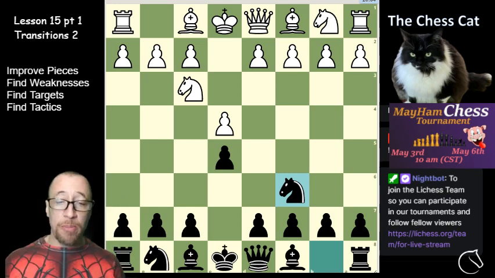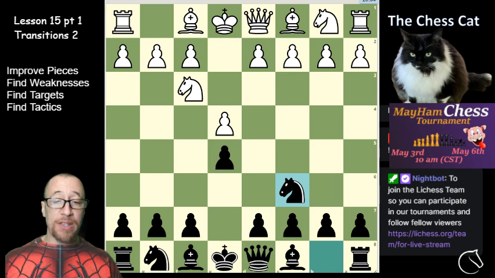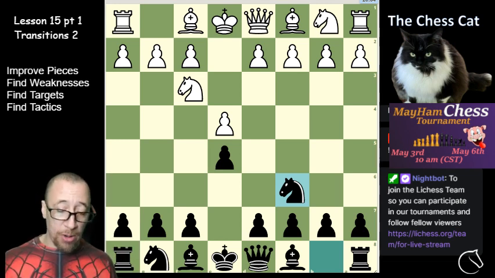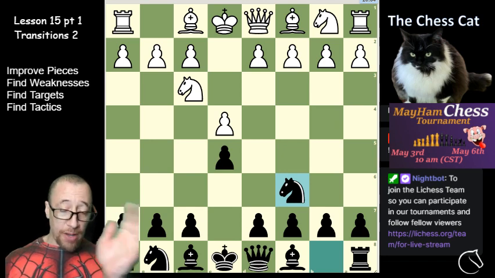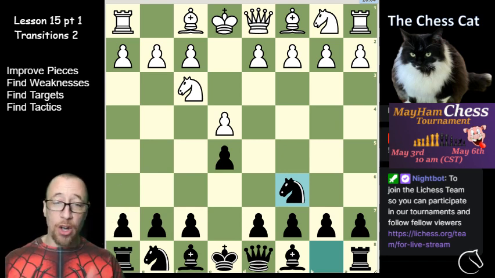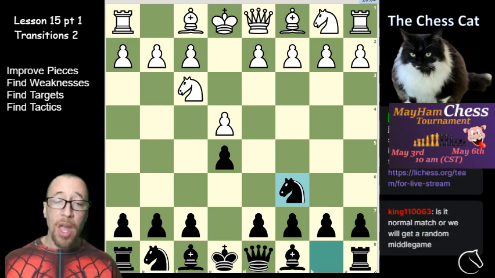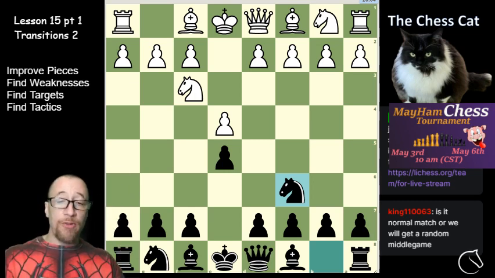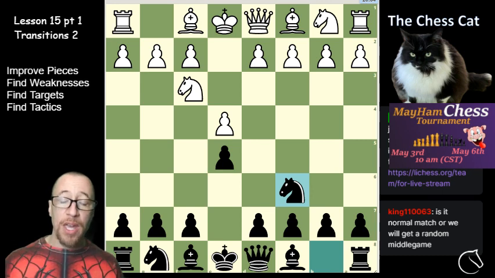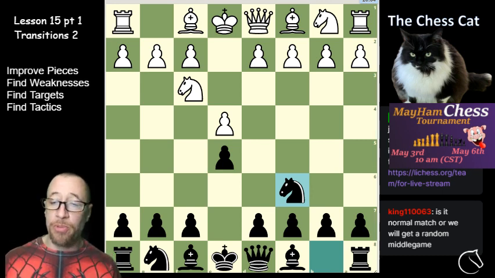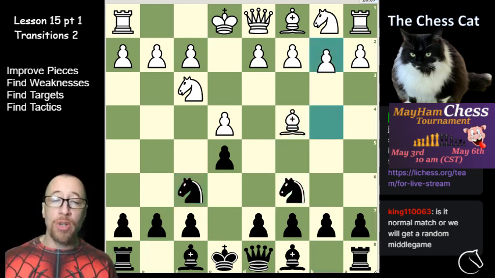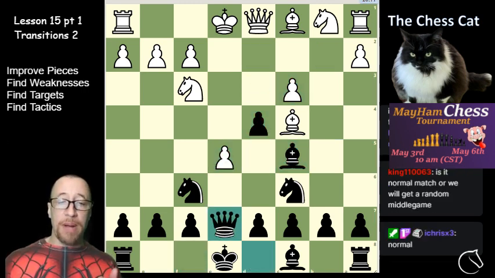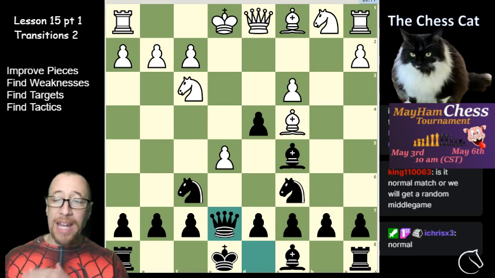So one, we're going to improve our pieces. And we can improve our pieces easier if we find the opponent's weaknesses or targets on the opponent's side. Always looking for tactics, always looking for checks, always looking for opportunities. Find weaknesses in their position, find targets, improve your pieces so they're better placed. Knights are great pieces to improve position. Why? Because you can say, where would be a good square for my knight? Anywhere on the board.